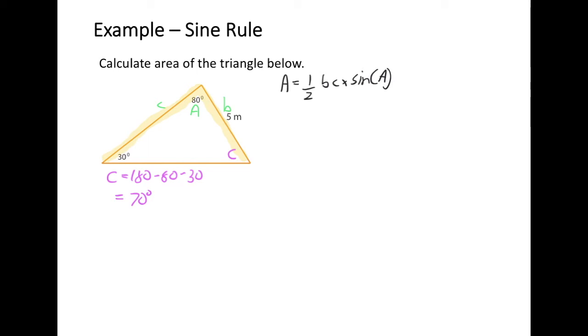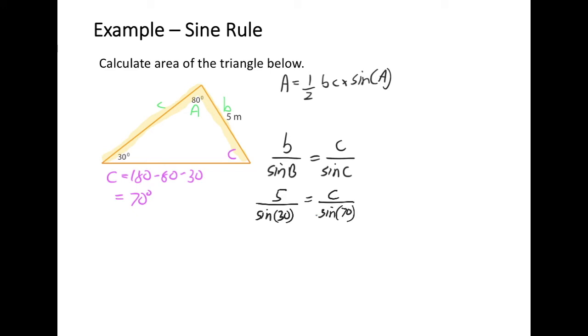I'm going to start off by writing my sine rule formula: side B divided by sine of angle B is equal to side C divided by sine of angle C. Substituting in the values, it's 5 divided by sine of 30 is equal to my unknown side C divided by sine of 70.